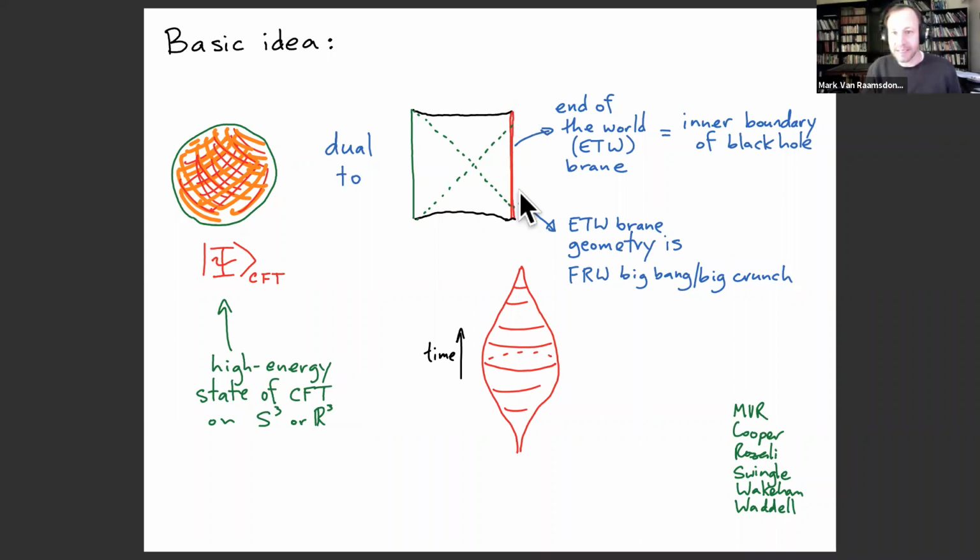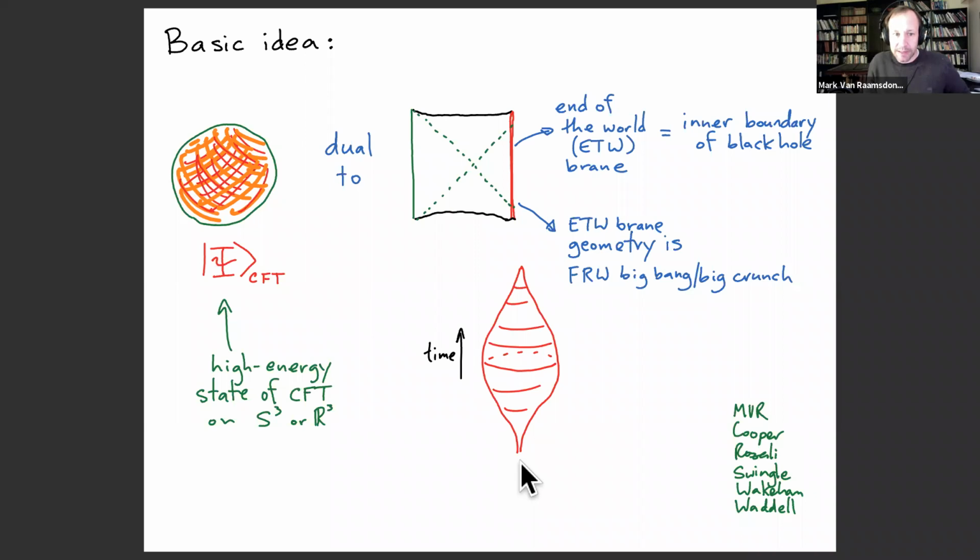I'll call this an end of the world brane, just because it's some inner boundary to the space-time, and I'll talk more about the physics of what this brane is. But the thing you can notice is that as a function of time, this end of the world brane starts at the past singularity in this black hole geometry, and it ends up in the future singularity of the black hole geometry.